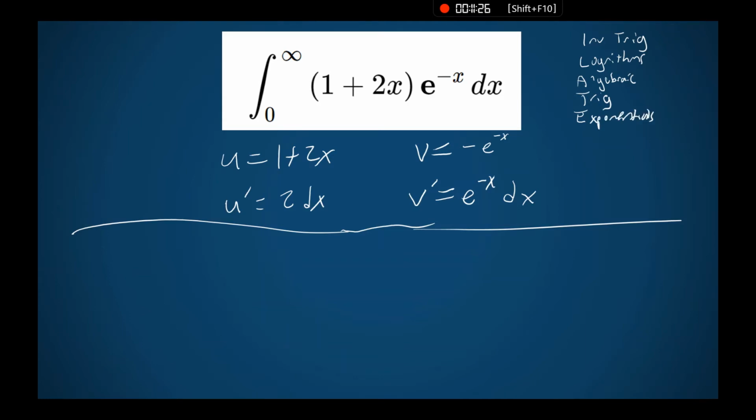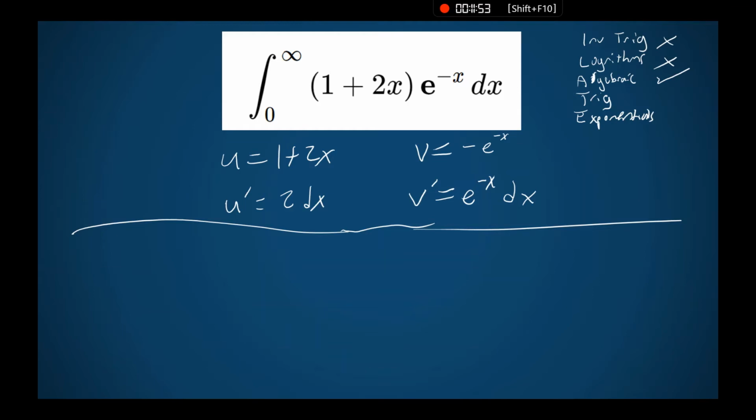So going down my priority list, we did not have any inverse trig functions or logarithms. We did have an algebraic function, so that's probably my u. My lowest priority is actually exponentials, and because exponentials don't cancel out when you derive them, they won't actually make the problem simpler if you make them u, which is why they're lowest priority.